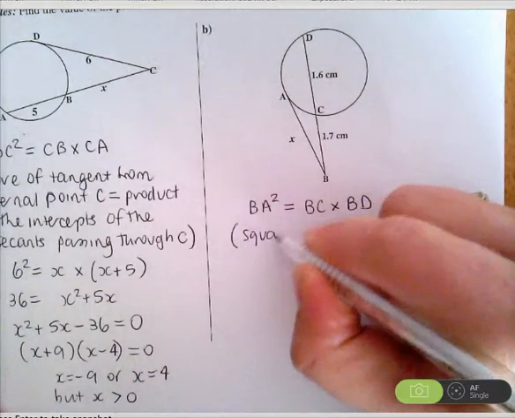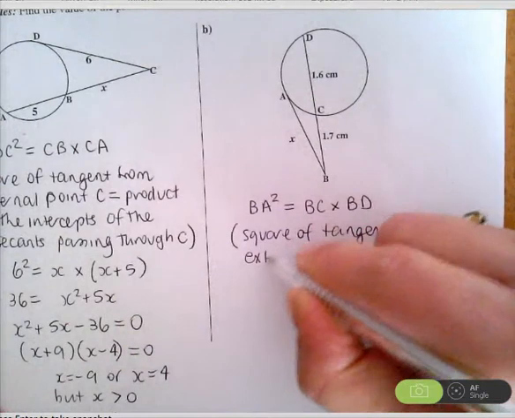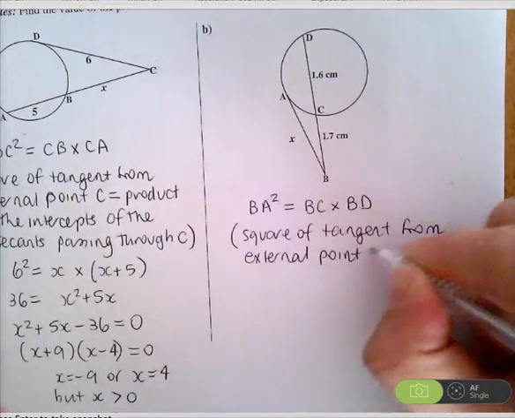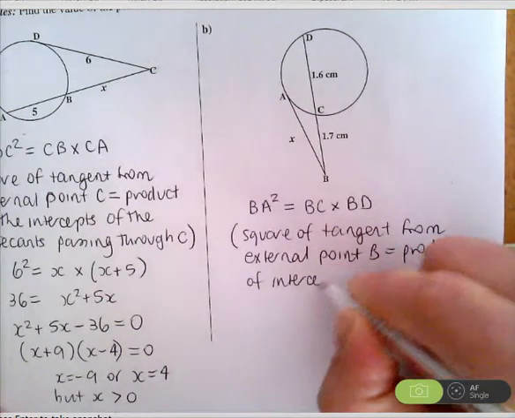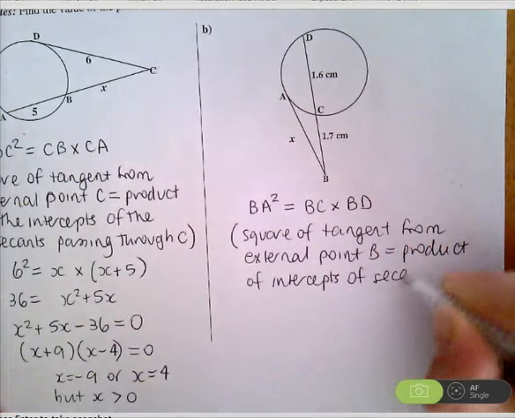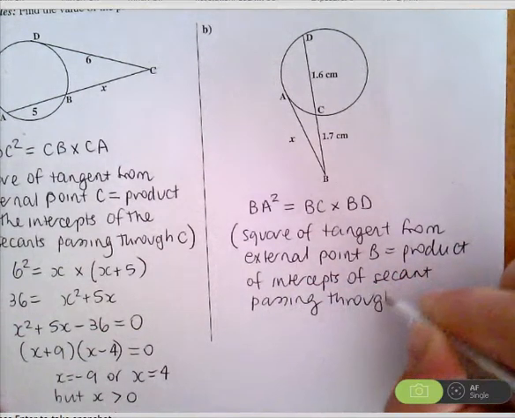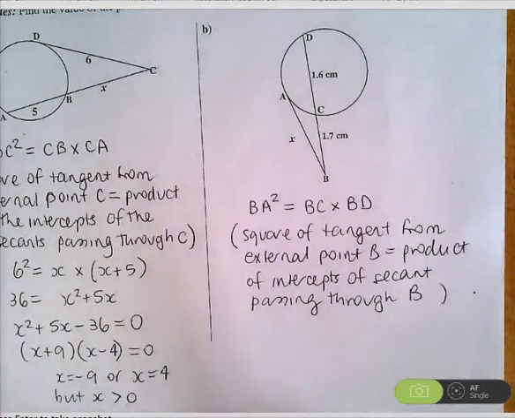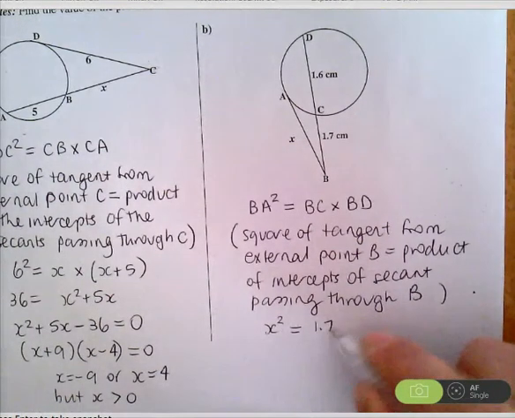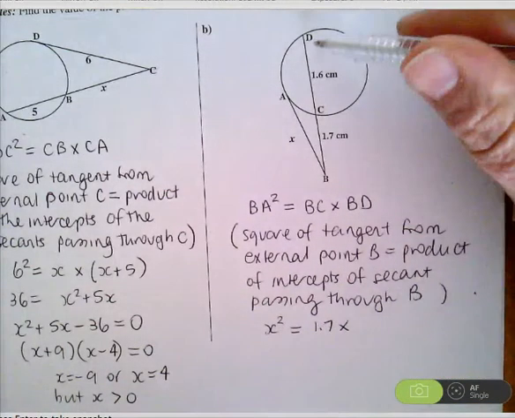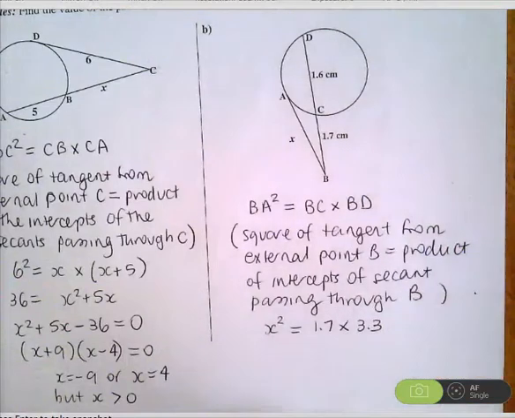Reason: the square of the tangent from external point B equals the product of the intercepts of the secant passing through B. Okay, substituting in the values, BA is x, so x squared equals 1.7, which is BC, and BD is actually 1.7 plus 1.6, which is 3.3, okay?